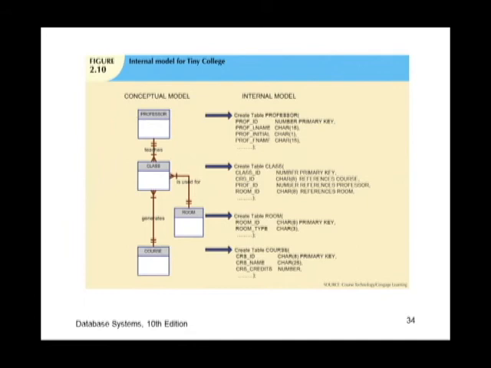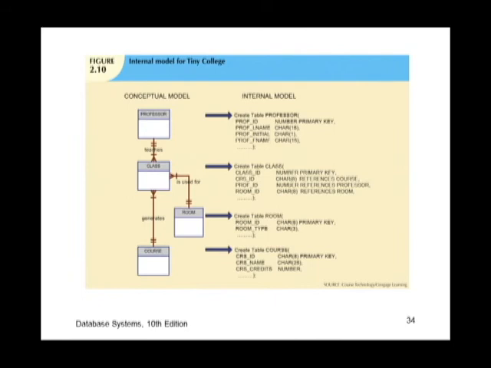Now we'll add the internal model to our Tiny College conceptual model, and when we start to look at that internal model, we're looking at how we are going to create the data structure. In fact, we're doing it in really pseudo SQL language. We're creating a table called professor, and there are the attributes that will define our professor. Here we are creating a table called class, and the attributes that will define the class, and so on.